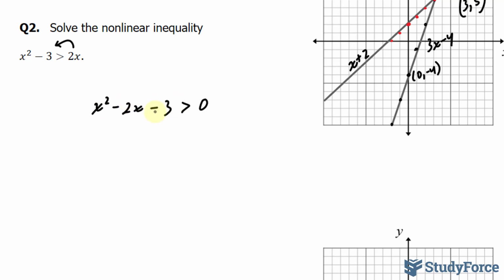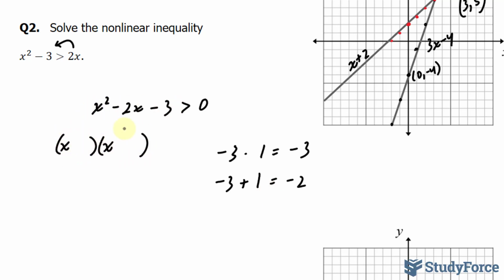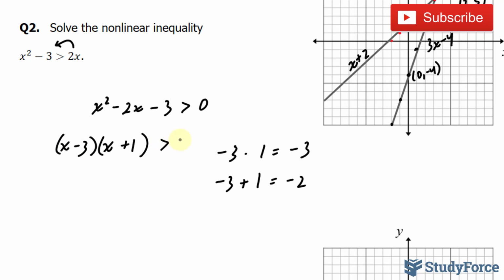What two numbers multiply to negative 3 and add to negative 2? The numbers that I'm thinking of are negative 3 and positive 1. Negative 3 times 1 is negative 3, and negative 3 plus 1 is negative 2. So I'll break the left side into two parentheses, and I'll put minus 3 here, and I'll put plus 1 here, and this side needs to be greater than 0.